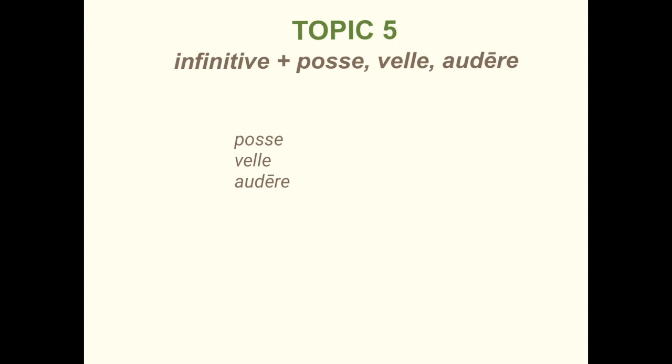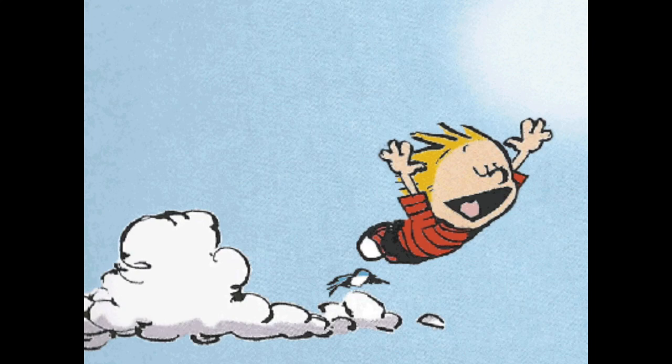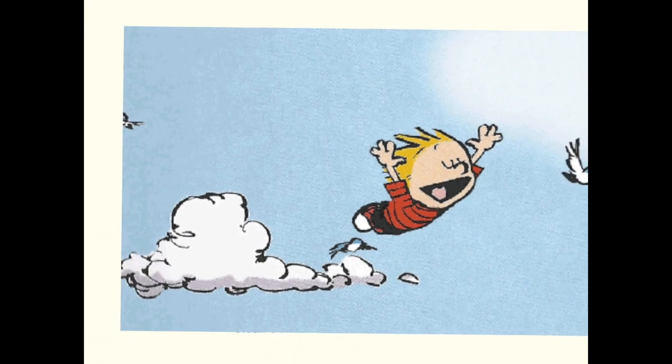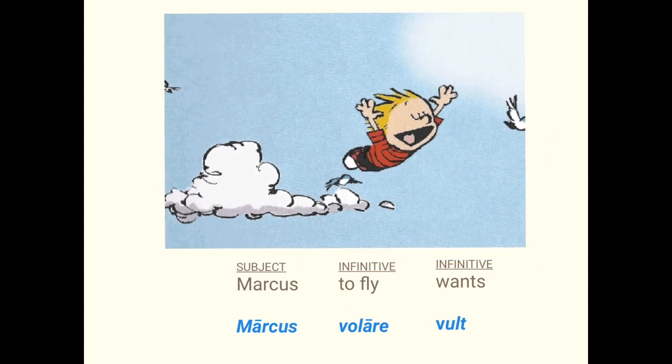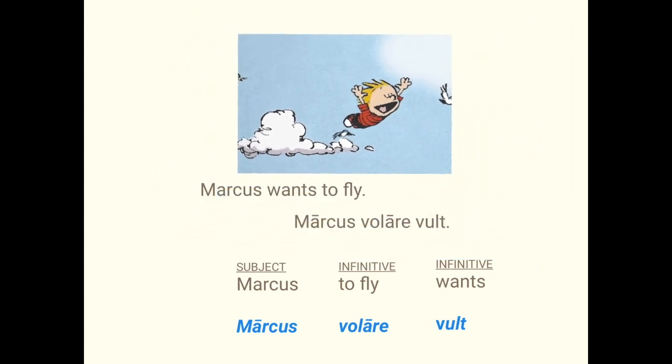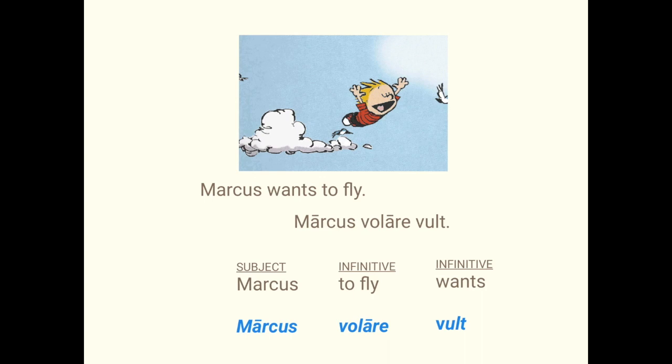So how would we use these together with an infinitive in a Latin sentence? Imagine that this is Marcus. What we would say here is that Marcus wants to fly. In Latin, we'd say Marcus volare vult. So you can see here that we've taken the subject Marcus. This is just like in English.